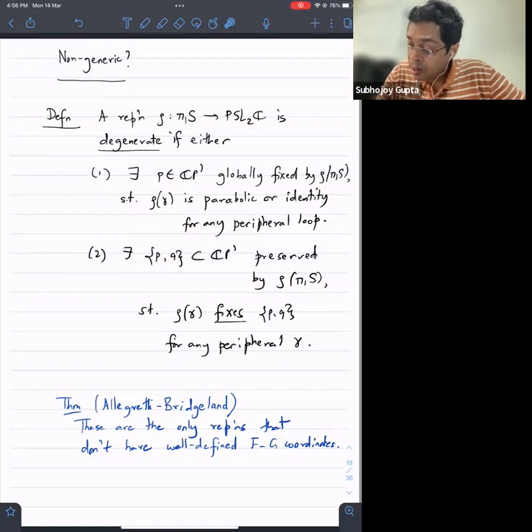Apart from that condition, you have a slightly finer notion: every peripheral loop must fix these 2 points that are otherwise allowed to be swapped by elements of the image. Anyway, so there is this notion of a degenerate representation, and Allegretti and Bridgeland showed that these are exactly the ones that don't have well-defined Fock-Goncharov coordinates.